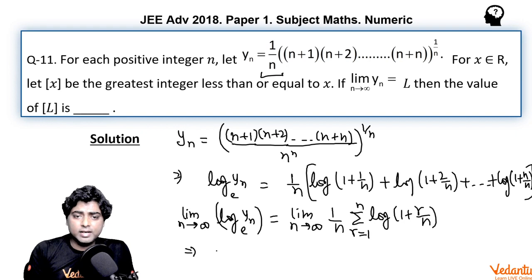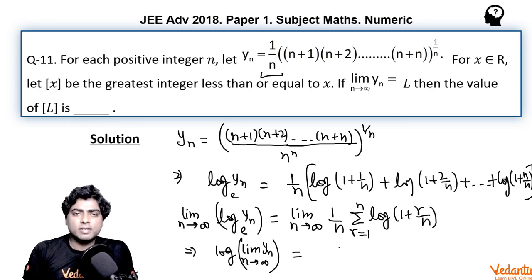On the left, I can take this limit inside the log, as log is a continuous function. So from the idea of limit of a composition of functions, we can write the left hand side like this, and on the right hand side we replace r by n with x and the sigma symbol by the integration sign: log of 1 plus x, and the limits would be from 0 to 1, isn't it?